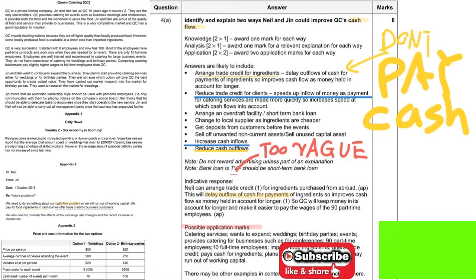Say for example, let me highlight some for you. There are a lot of part-time employees. So what you can do, you can keep the money in the account for longer if you have a better cash flow. Then you can pay the wages of the 90 part-time employees. So this is a way to make use of the paragraph.